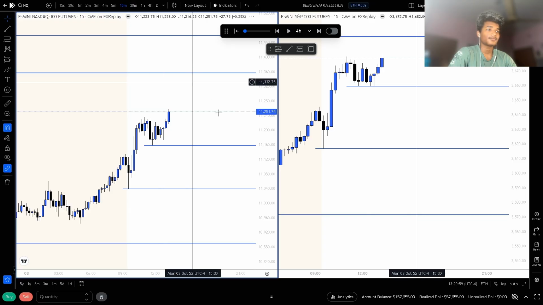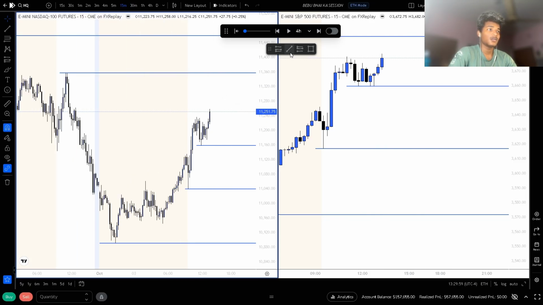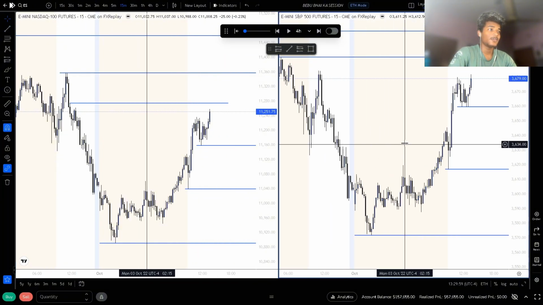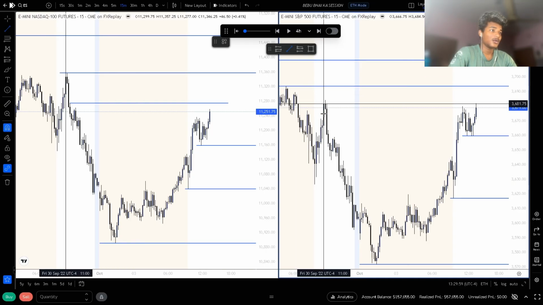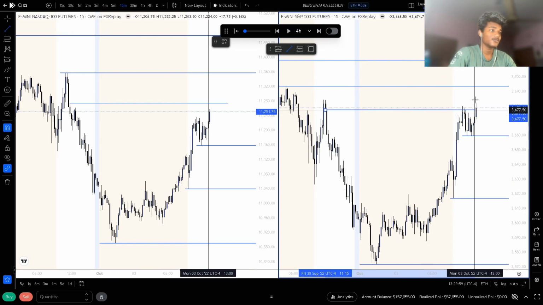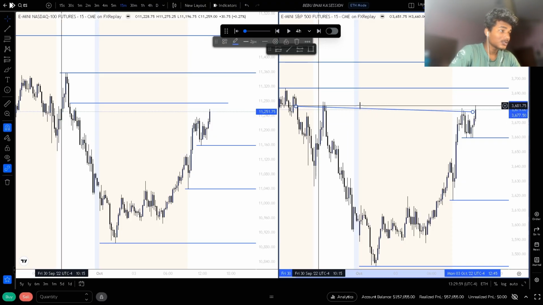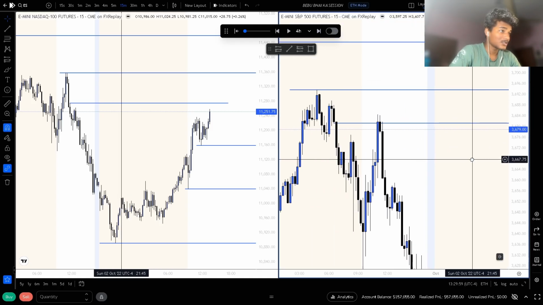15-minute market structure has shifted bullish, and we may reject off from here. This is the 15-minute fair value gap at this point of time, and I do think that the market has inversed this as well. Is this high resisting?